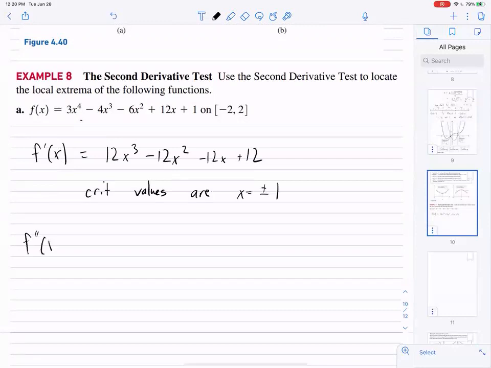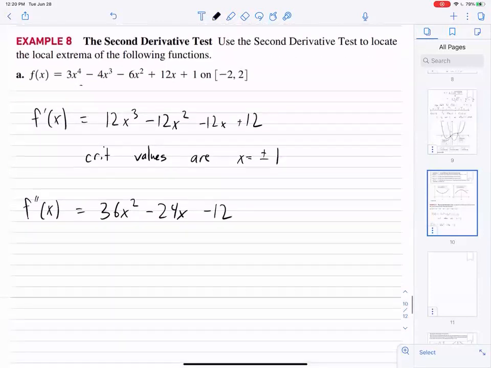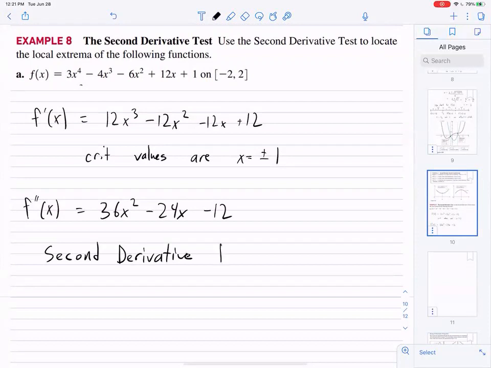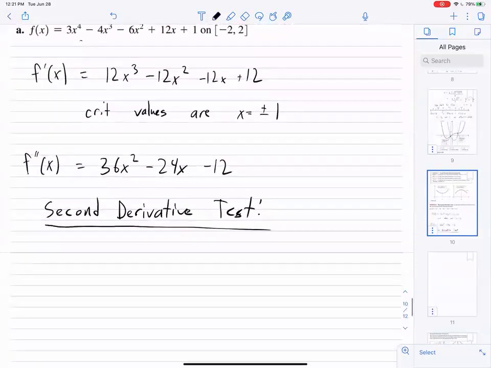F double prime of x, we calculated, was 36x squared minus 24x minus 12. So the second derivative test says: plug the critical values into f double prime of x.